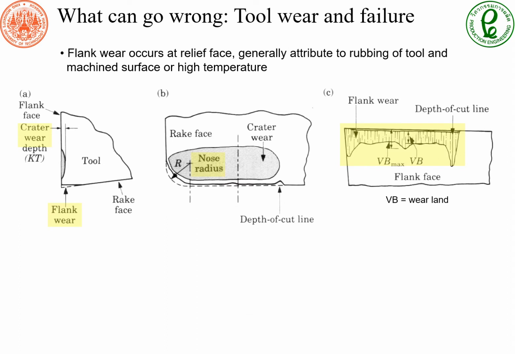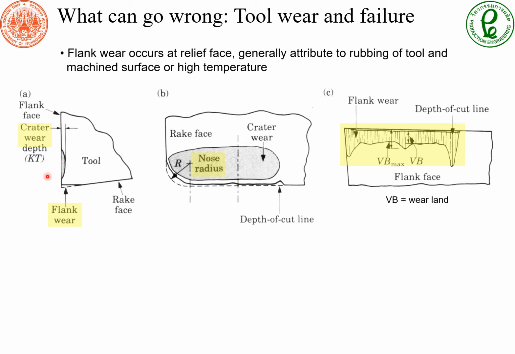Now, as for what can go wrong, the first thing that can go wrong immediately is that as the cutting tool exerts a lot of force on the workpiece, the tool itself also wears out. This wear can be shown in several ways. First of all, we can have something called crater wear, when the cutting tool starts to have dimples, or actually loses some amount of material.